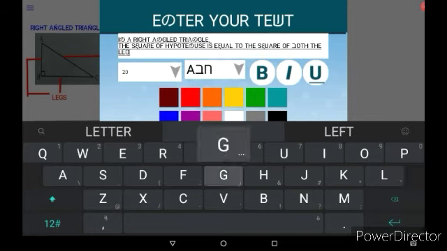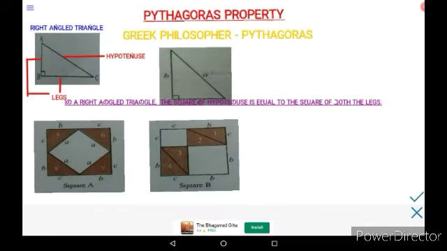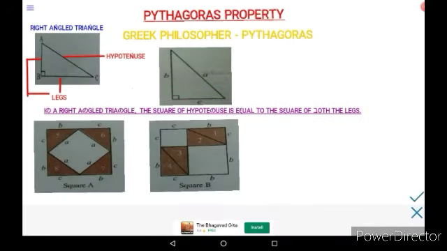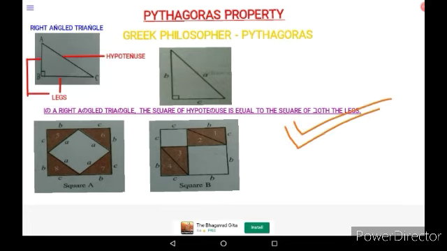Let's give it purple, bold it up. So this is our summary: in a right angled triangle, the square of the hypotenuse is equal to the square of both the legs.